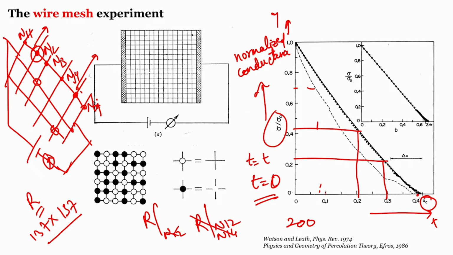Finally when I go to almost 50% reduction in the overall number of nodes, the normalized conductivity almost drops to 0. So there are two observations here.